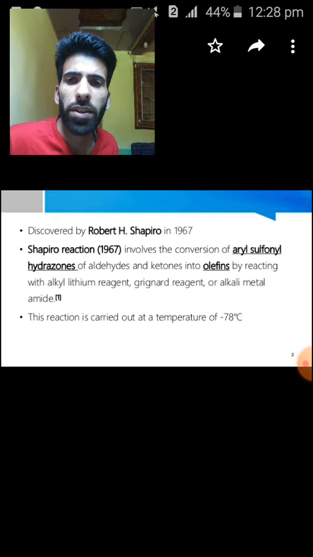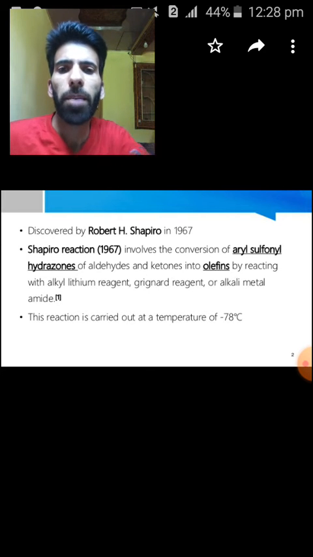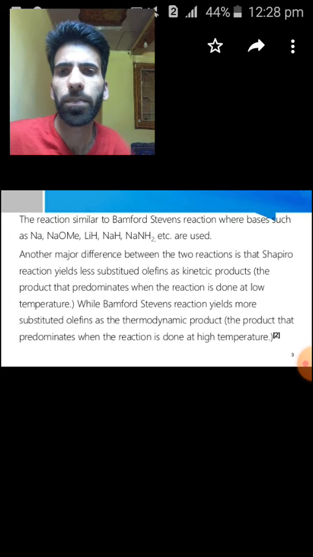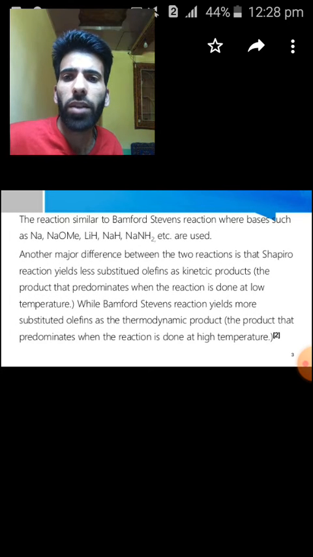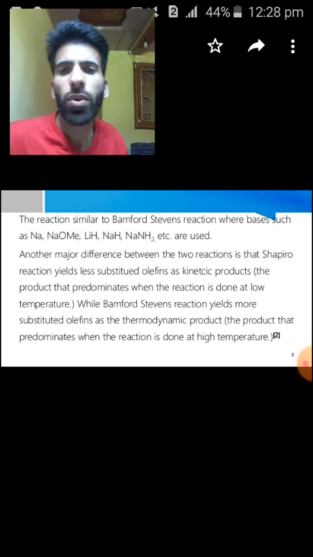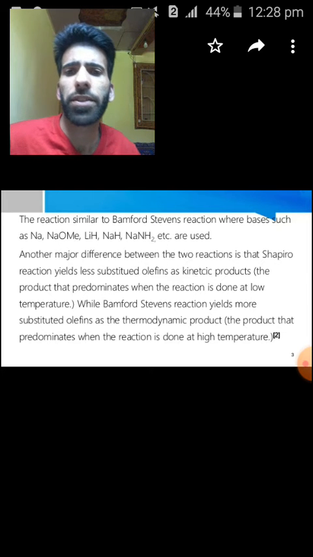This reaction is carried out at a temperature of -78 degrees Celsius. This reaction is similar to Bamford Stevens reaction where bases such as sodium methoxide, lithium hydride, sodium hydride, sodium amide, etc. are used.